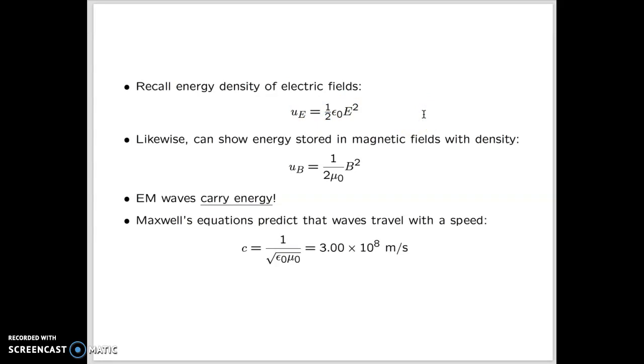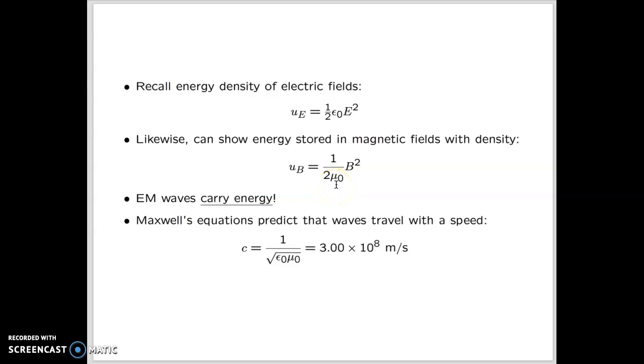Now, we don't have time to derive the second equation, but it's basically the same kind of equation. It's saying that there's energy stored in a magnetic field as well. And as was the case for the electric field, the energy stored in a magnetic field is proportional to the square of the magnitude of the field. The proportionality constant is different.